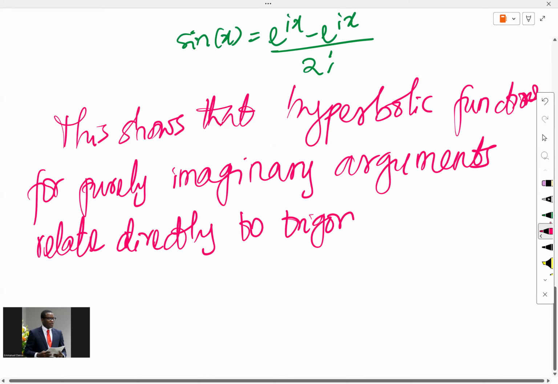So we are seeing a kind of establishment again between hyperbolic and trigonometric functions.